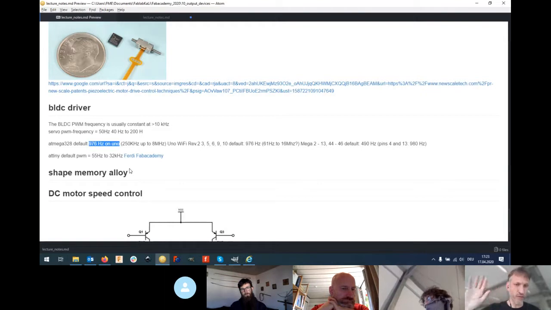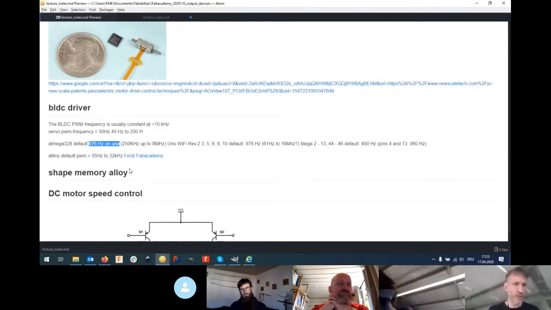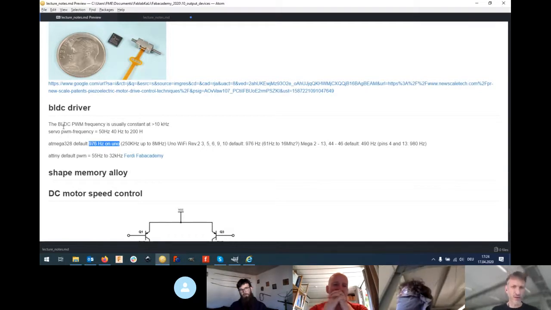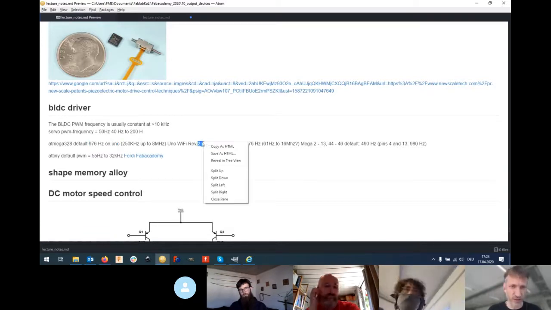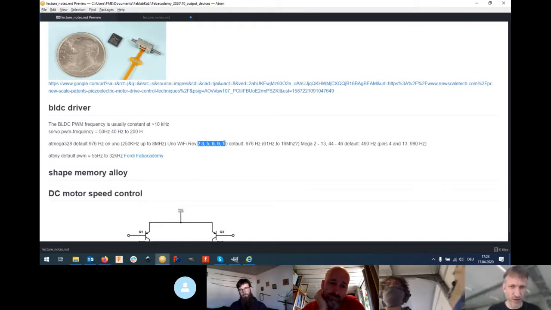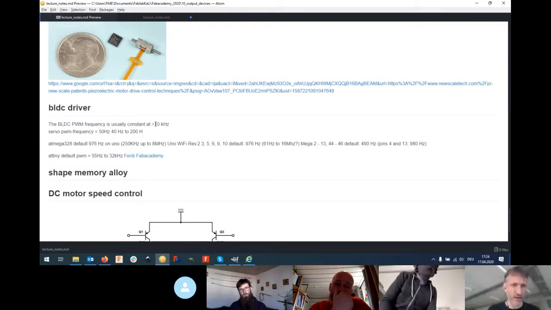It's great for controlling an H-bridge or a DC motor, but it's too fast for the BLDC driver, for the ESC. If you are on the right pin, because there are several pins you could use, you can try to get it down to 61 hertz, but it's still a lot higher.